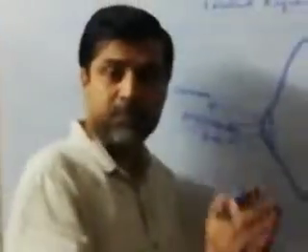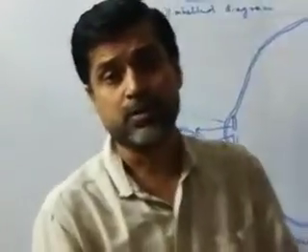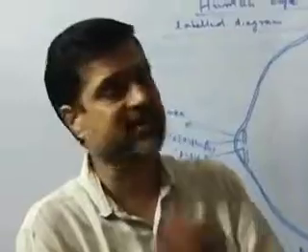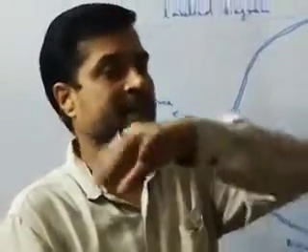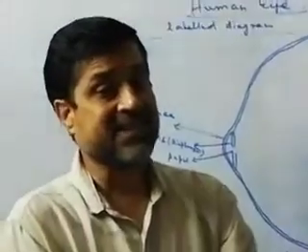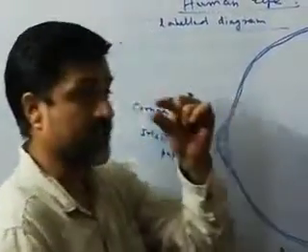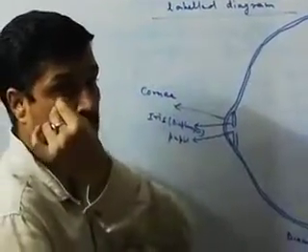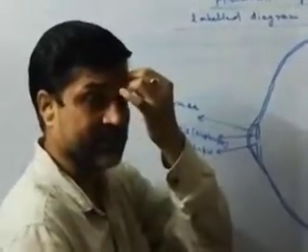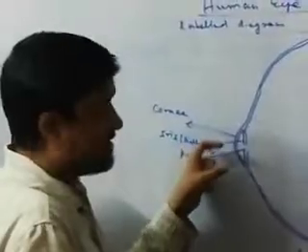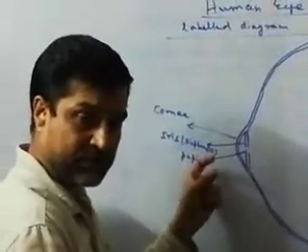This iris and pupil system is responsible for the amount of light that can enter. If we are in bright sunshine, the iris contracts, the pupil becomes small, so a small amount of light enters. So the iris and pupil system controls the intensity of light.